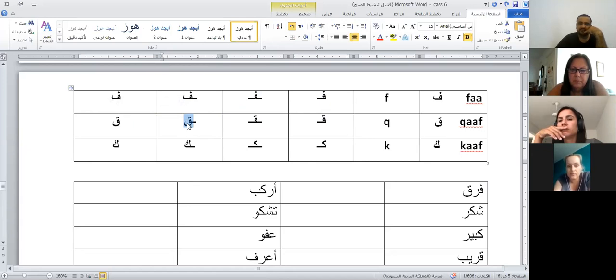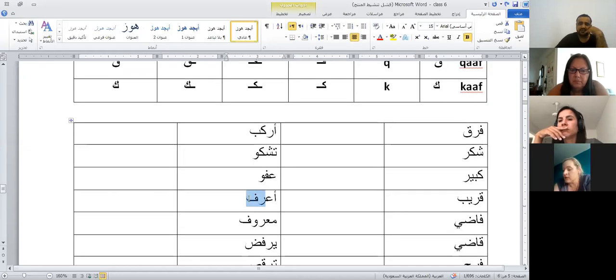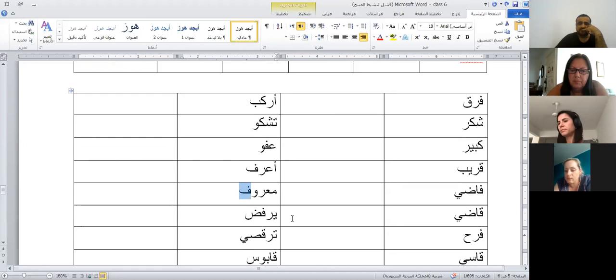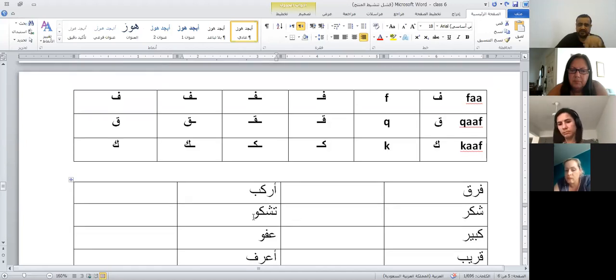Like here, look at fa in the middle, but look at the end here. It goes within the line, while qa, it goes down. This is qa.